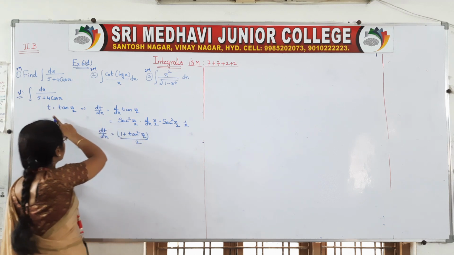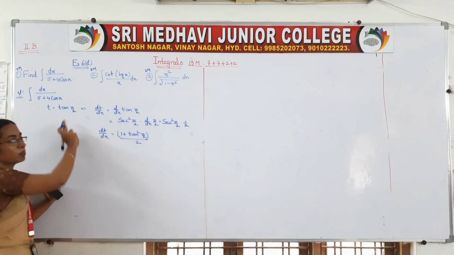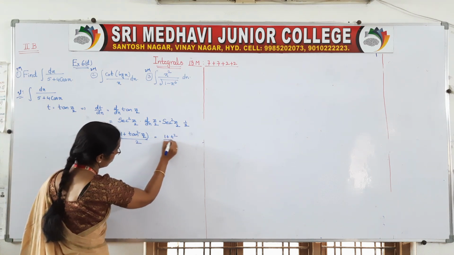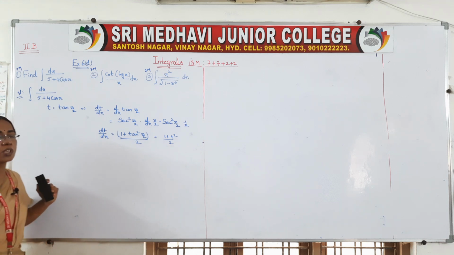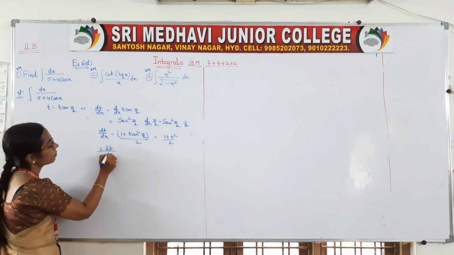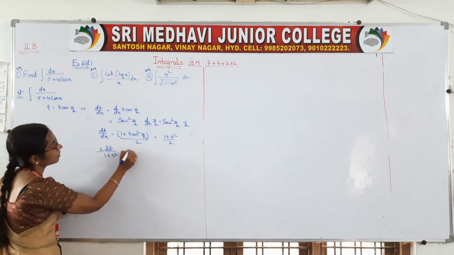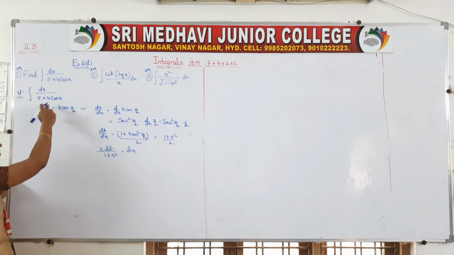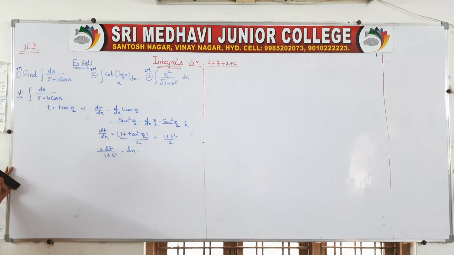Here we have taken t is equal to tan x by 2, so we can write this as 1 plus t square by 2. So now dx is equal to 2 dt by 1 plus t square. So our dx value is in terms of t. Try to write cos x also in terms of t, so that the entire problem will be in terms of t.